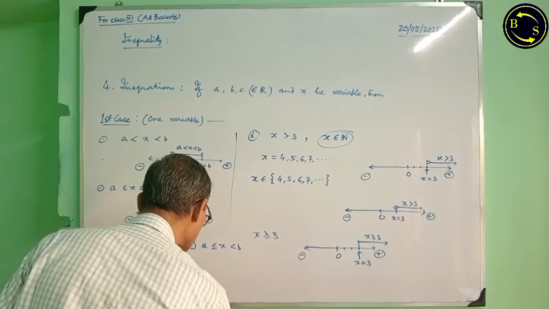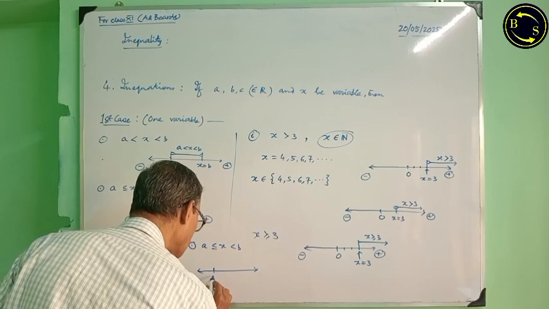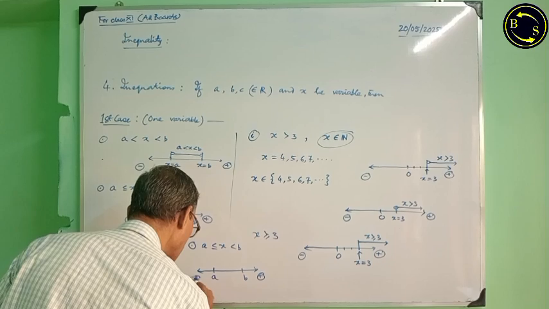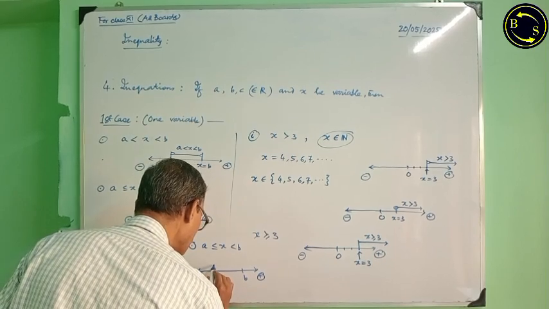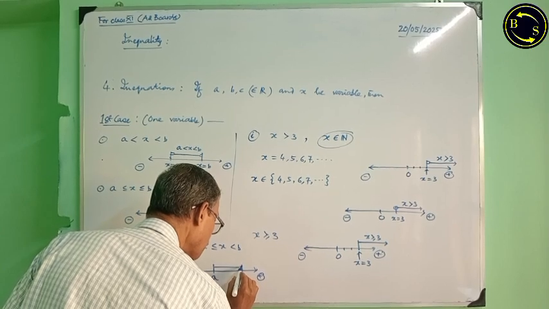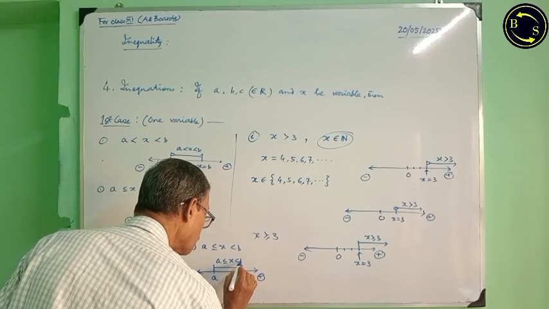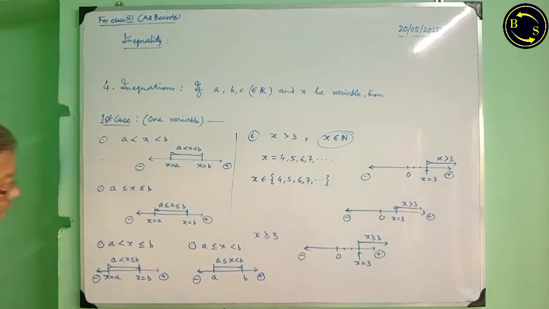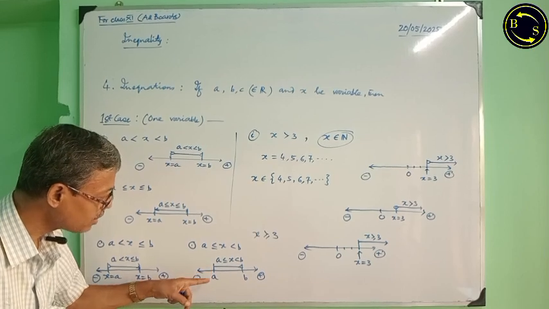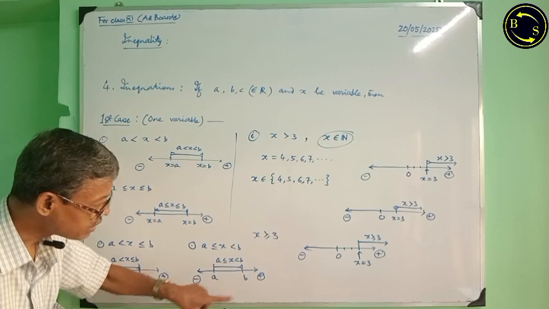And for this, the segment touches the vertical line segment indicating x equal to a, but at the right side there is a cap.